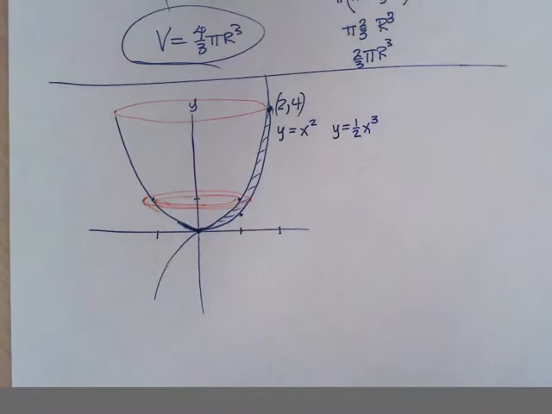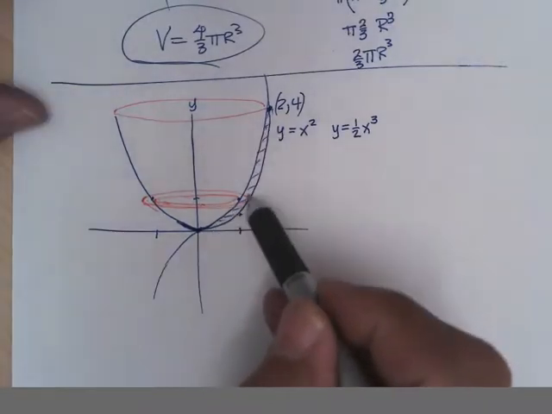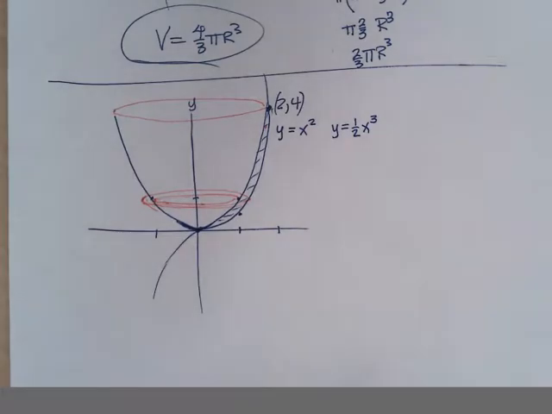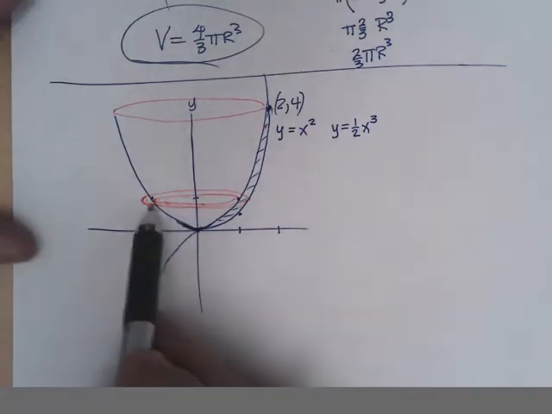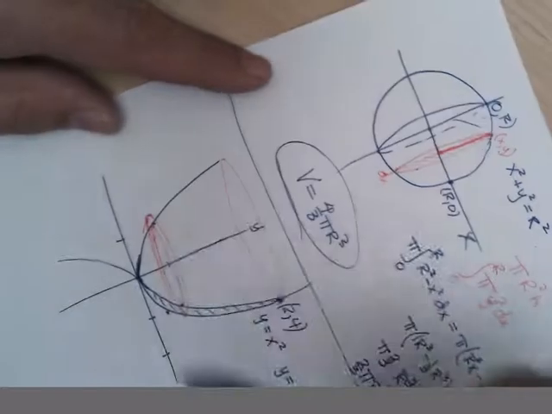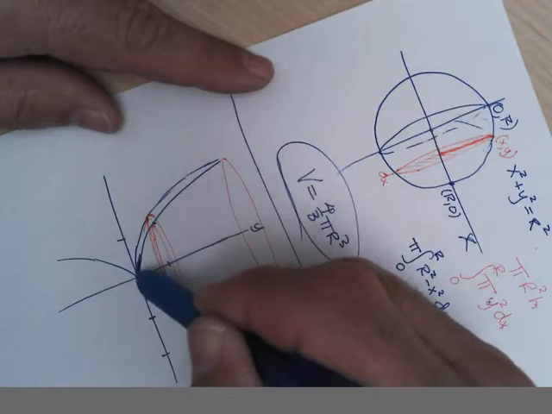So let's say this bowl is made of glass. How much glass does it take to make a bowl? That's the area between these two curves spun around the y-axis. So this, what I just drew here, causes this to be a thin shape here.